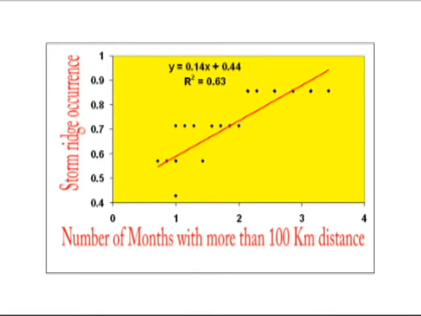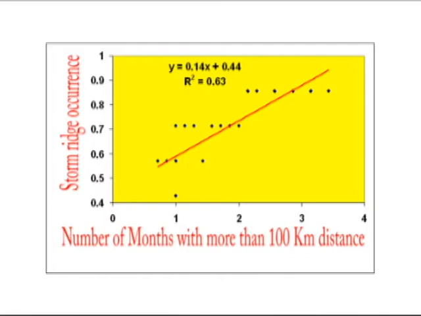After measuring the mean monthly sea ice distance from the catchment and regression analysis, it was concluded that there is a direct relation between the number of months with effective sea ice distance from December to March and the storm ridge occurrence. The more months with effective sea ice distance results in more storm ridge occurrence.